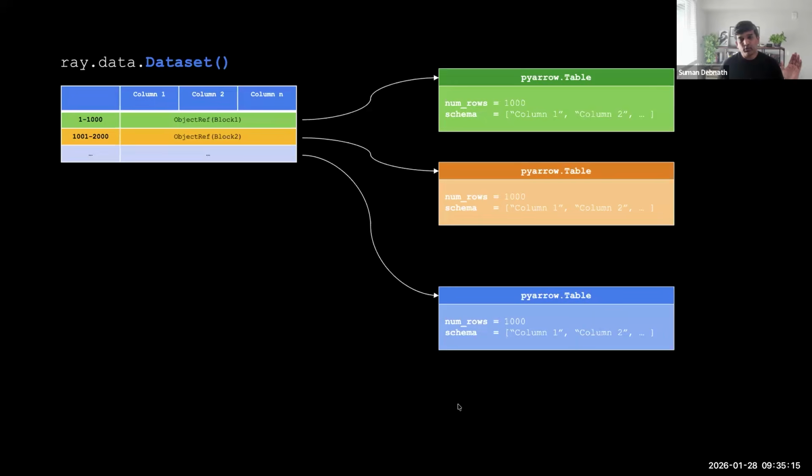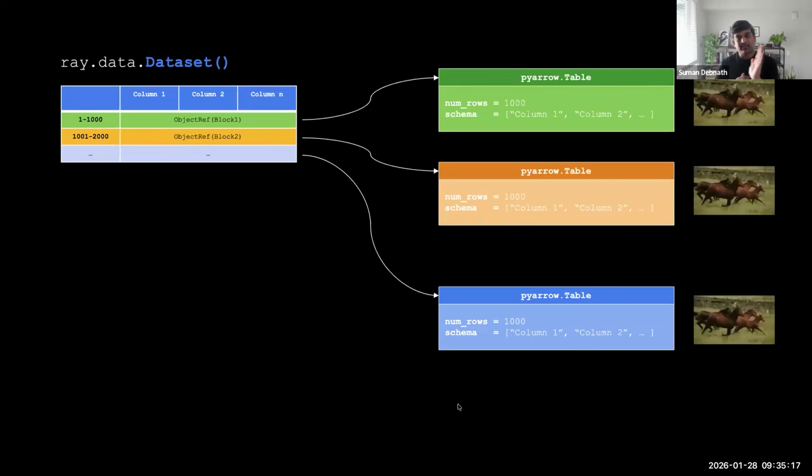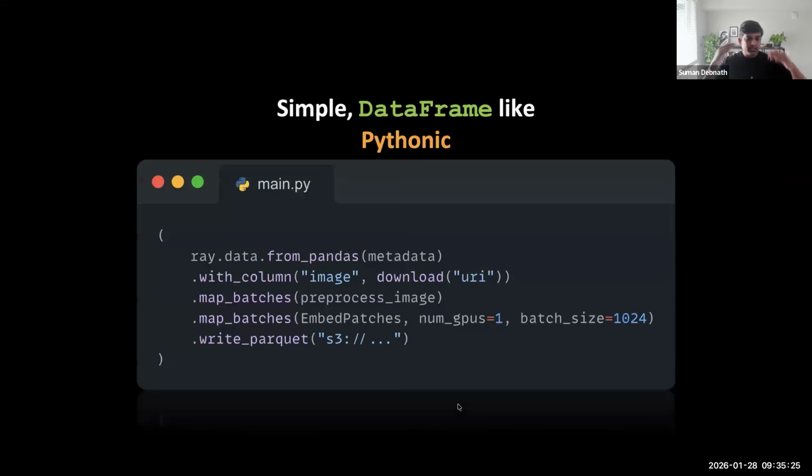And then when you run any processing, it all happens at the same time in multiple CPUs or GPUs, whatever you want. And you can perform multiple operations by chaining like this. You read from pandas, you add some column, you do some processing, you do another processing, and all of this is happening in a batched format.